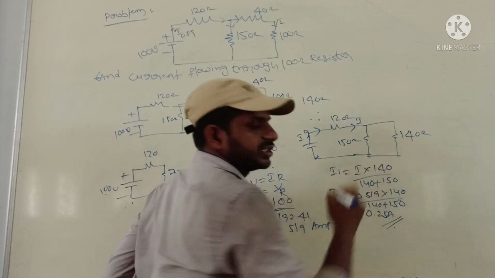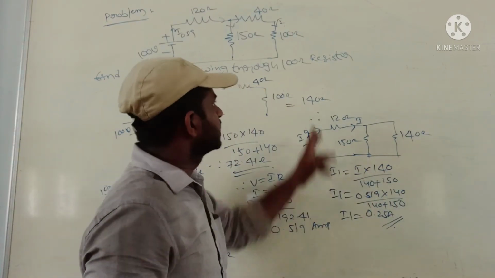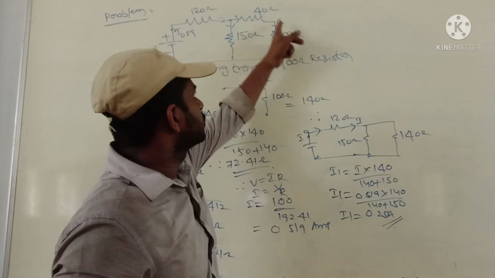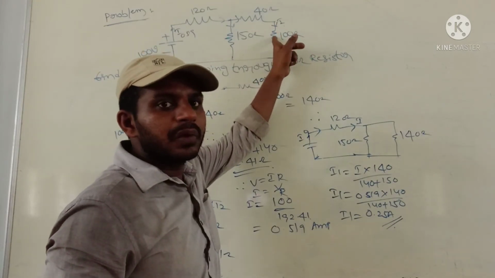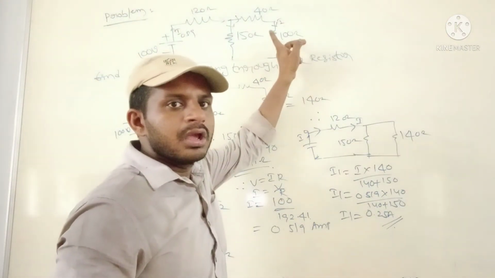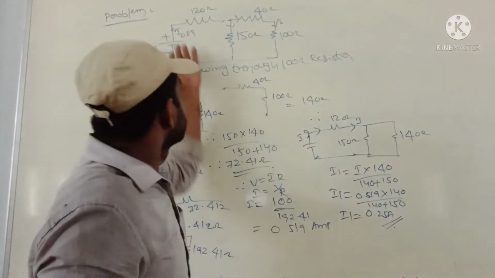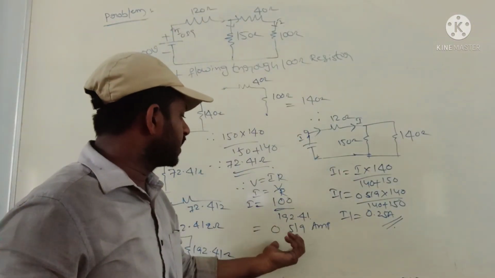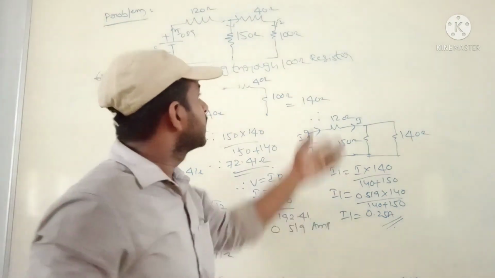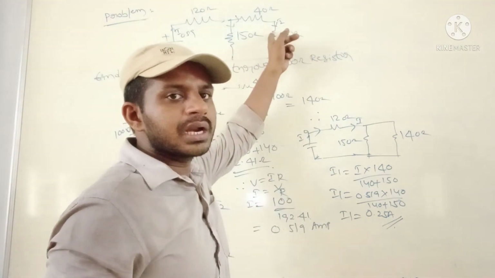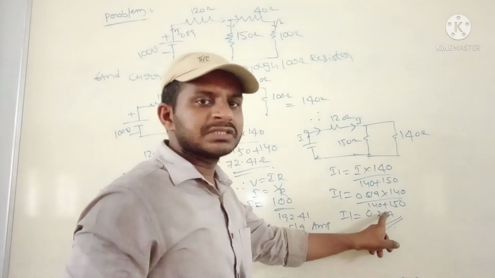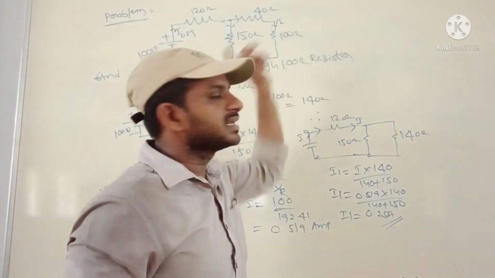This is the current flowing through the individual 100 ohm resistance: 0.25 amperes. The total current to the entire circuit is 0.519, but through the individual resistance, 0.25 amperes will be flowing.